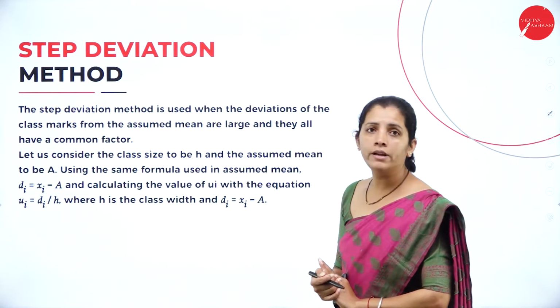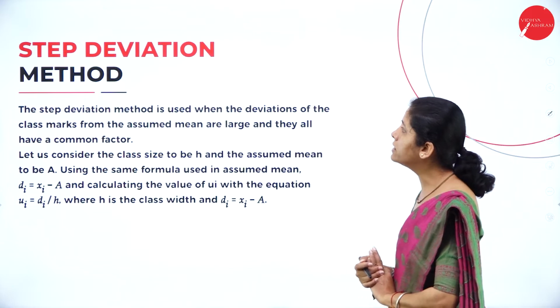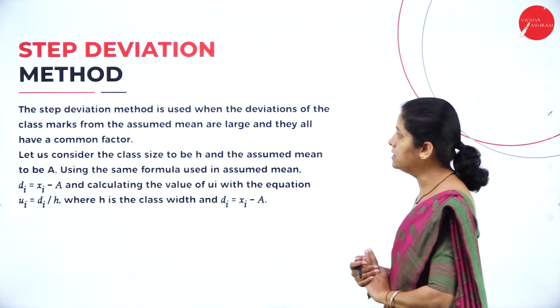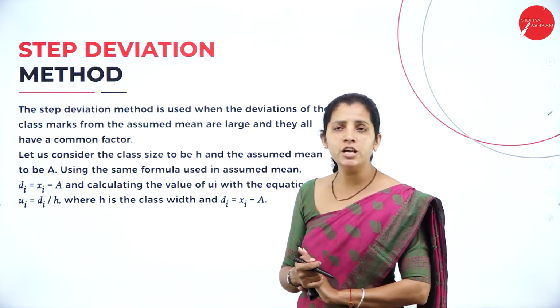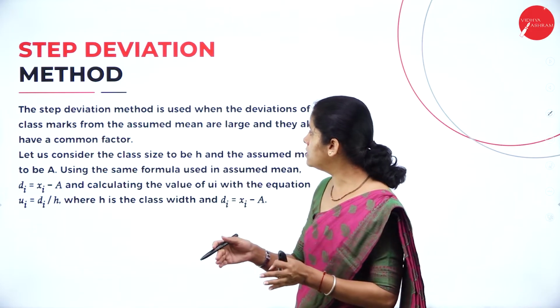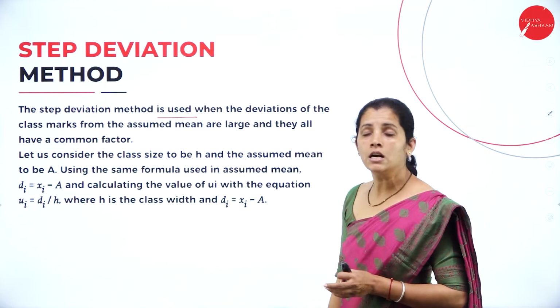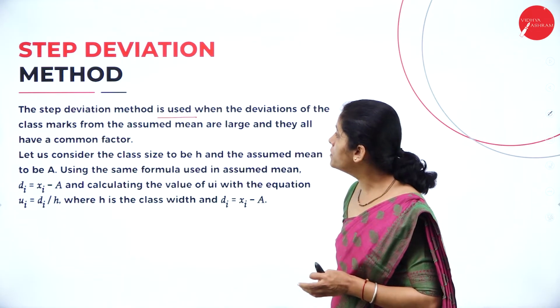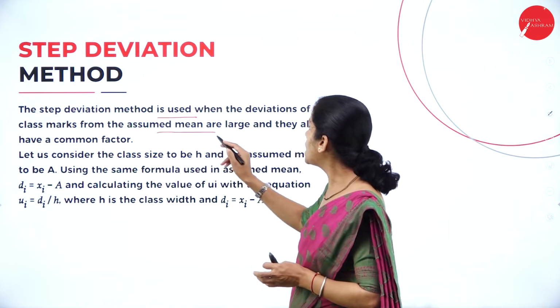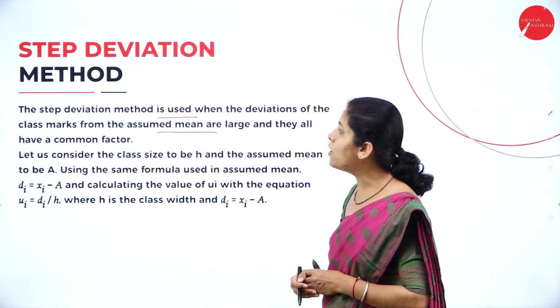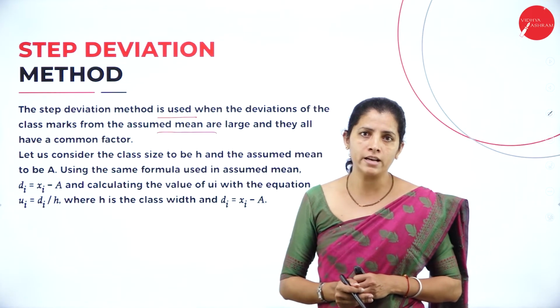So here, therefore, the assumed mean for the given data is 28.17. Now, dear student, I am going to have the step deviation method. The step deviation method is used when the deviations of the class marks from the assumed mean are large and they all have a common factor.